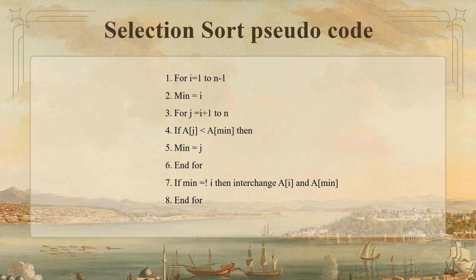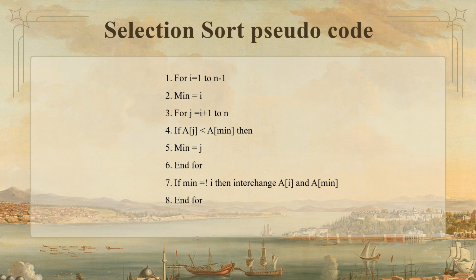End the inner loop after finding the minimum element in the unsorted part of the array. Then if min is not equal to i, then interchange a[i] and a[min]. It means if the smallest element is not already in its correct position, swap it with the element at index i.